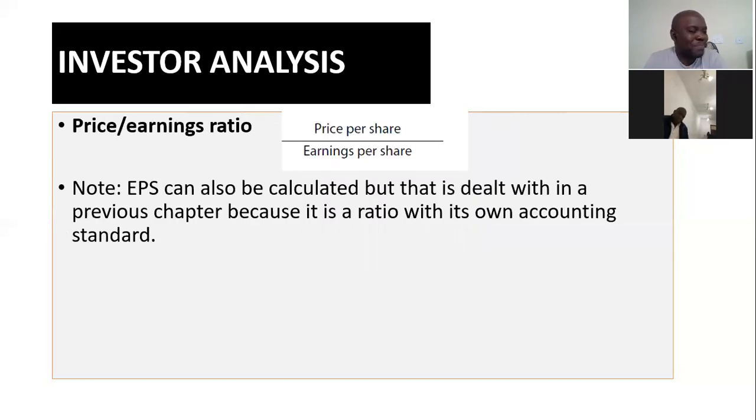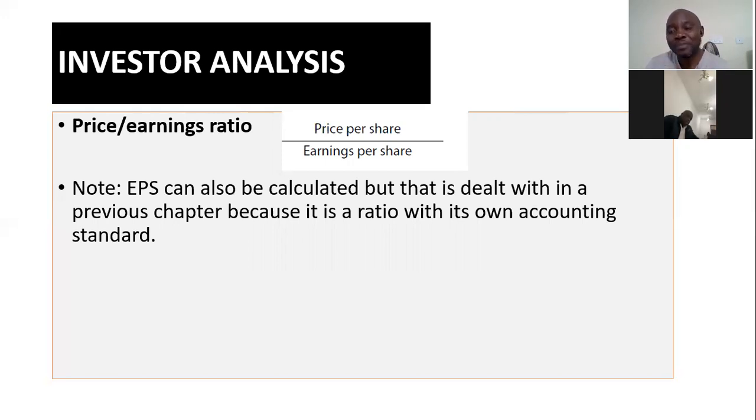The PE ratio basically looks at the riskiness. Here it is the price per share over earnings per share. So we expect that if it's lower than 1, then what it means is that the market, yes, your earnings have gone up per share, but the market price is going down.